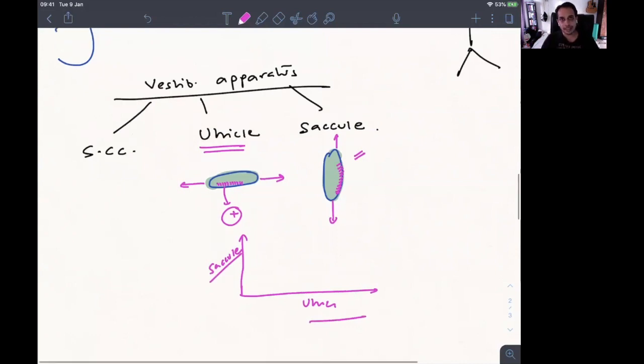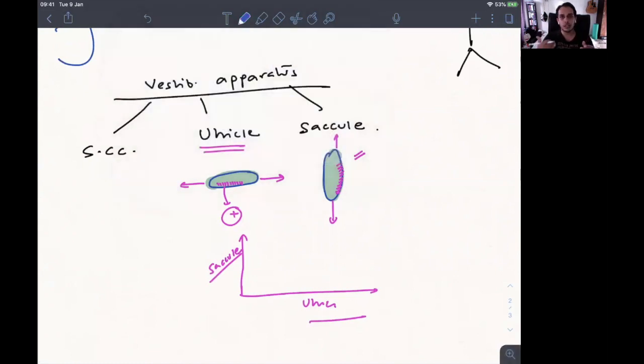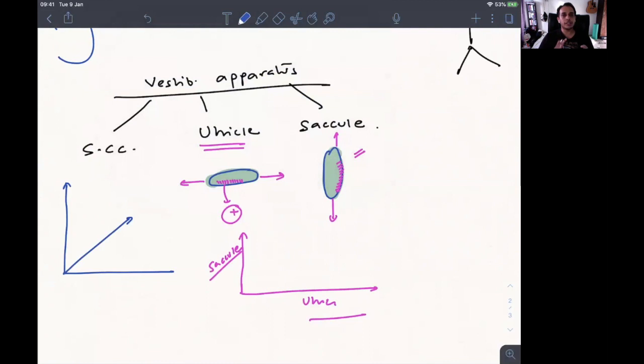What about the rest? So for all the other directions, the information comes to our brain through the semicircular canals. Now there are basically three semicircular canals, and again you can think about it in terms of an XYZ axis. So the three semicircular canals put together will give us an idea about in which direction your head is turning.